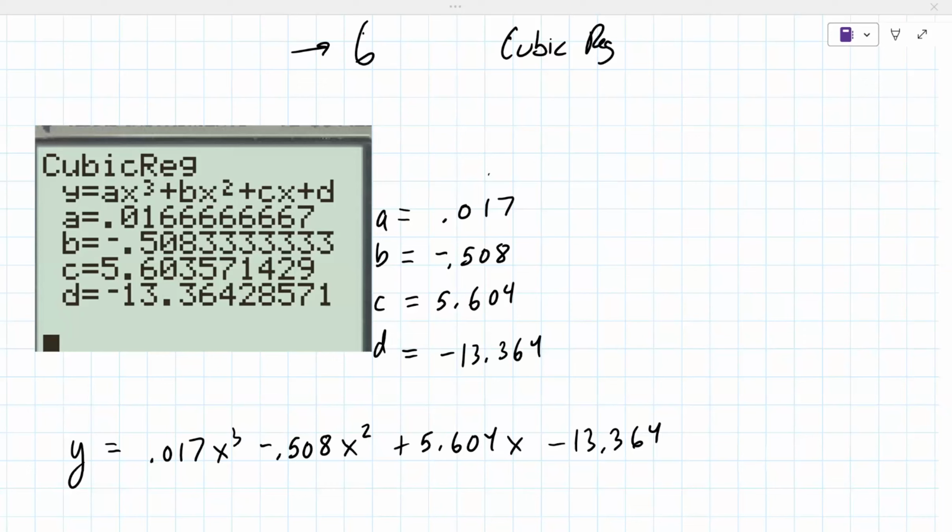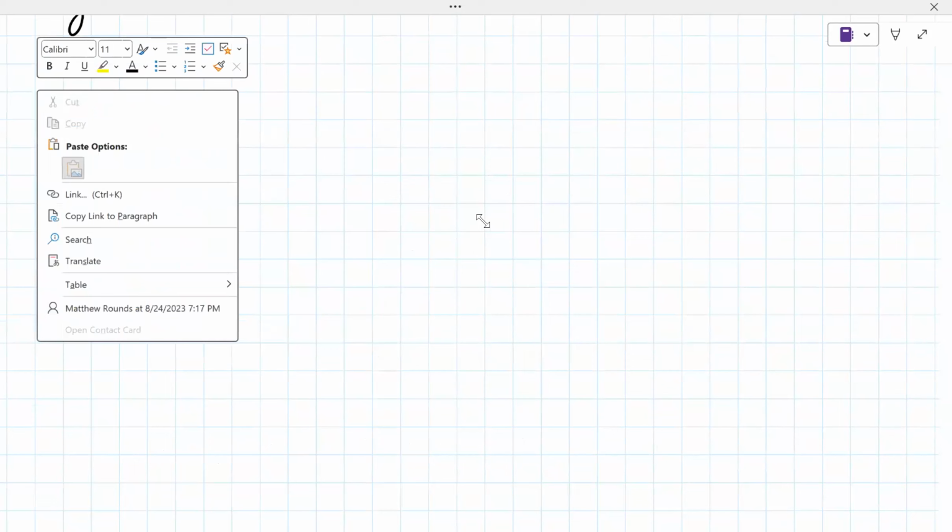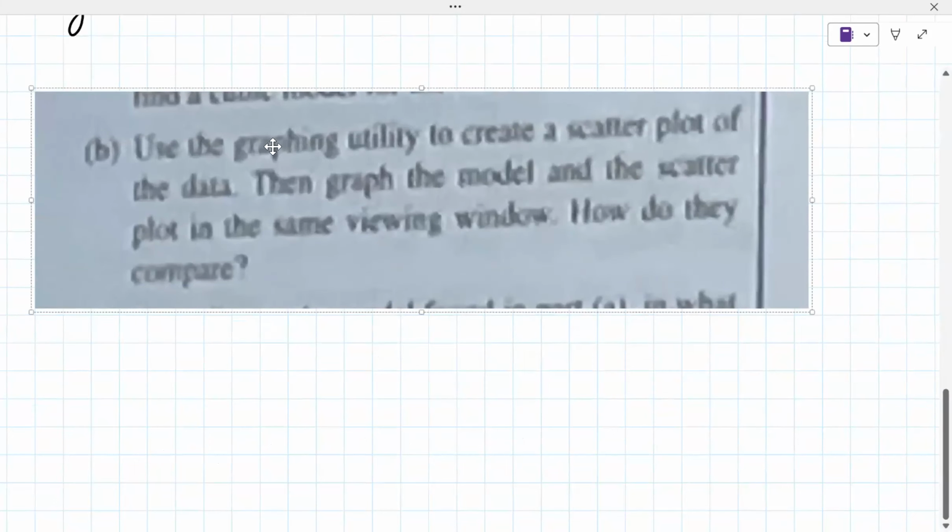You got that down? Yeah. Okay. Could you read what part B is asking us to do here? I'm going to snip that in for just a moment. Okay. Could you read this stuff for us? Or if it's not clear, maybe go to your picture. Yeah.